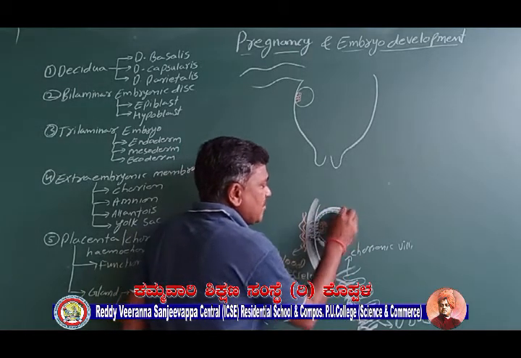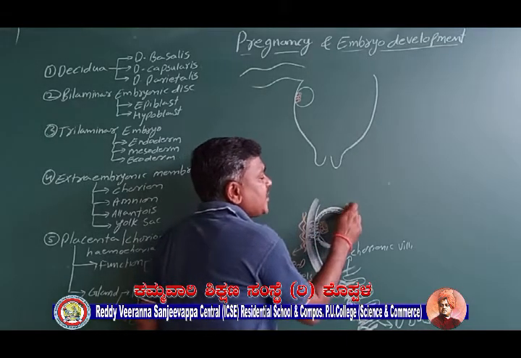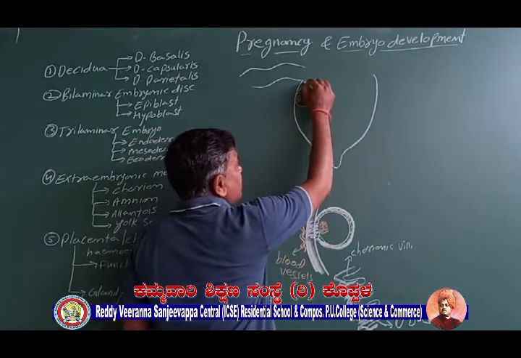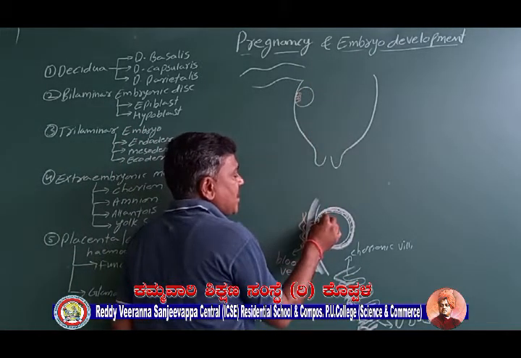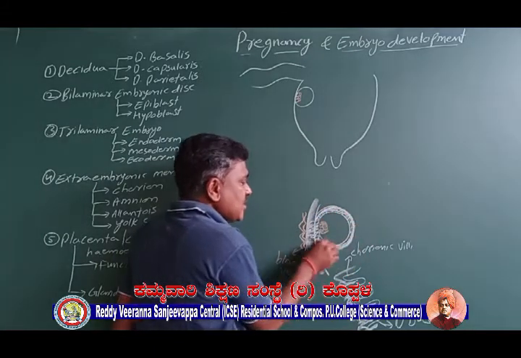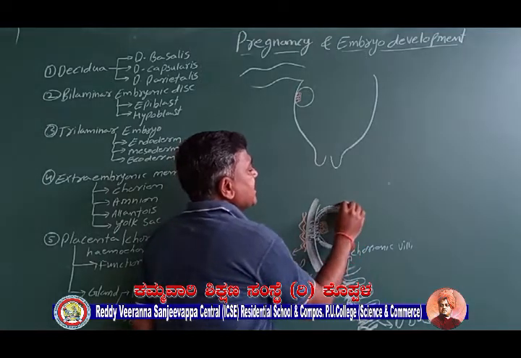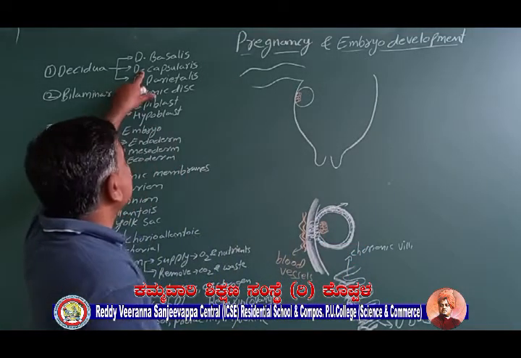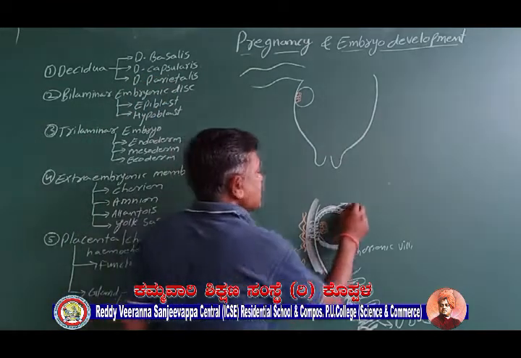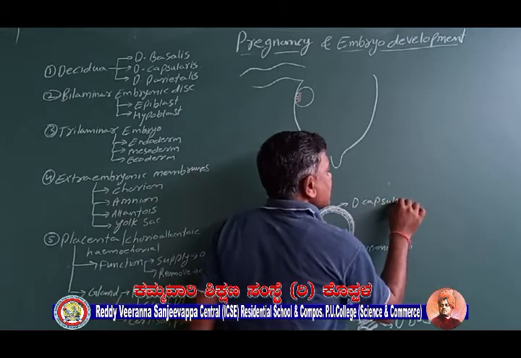Now this blastocyst is covered with the endometrium. This endometrium separates the blastocyst from the lumen. That means the endometrium which is covered on the blastocyst and which separates this blastocyst from the lumen is called decidua capsularis.